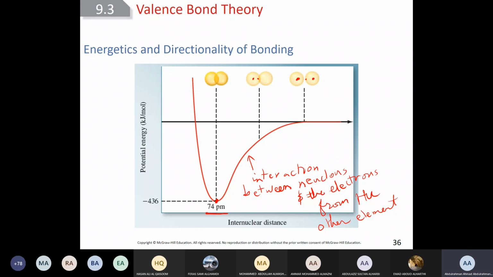But if you get it very close, even closer than 74, the best point is at 74 picometer for hydrogen. If you get it closer than 74, there will be repulsion between this nucleus and the other nucleus as they become too close to each other.